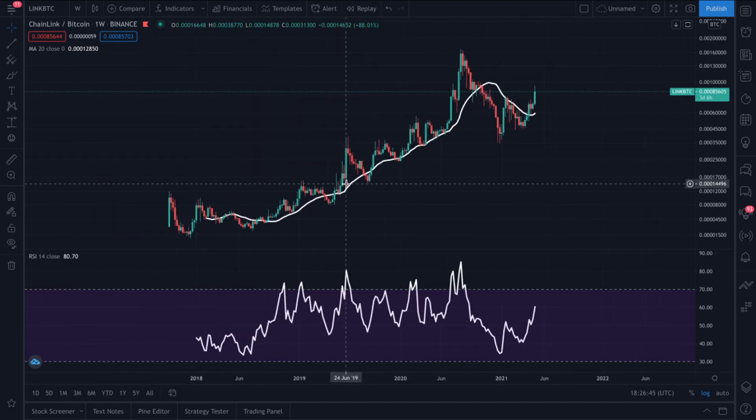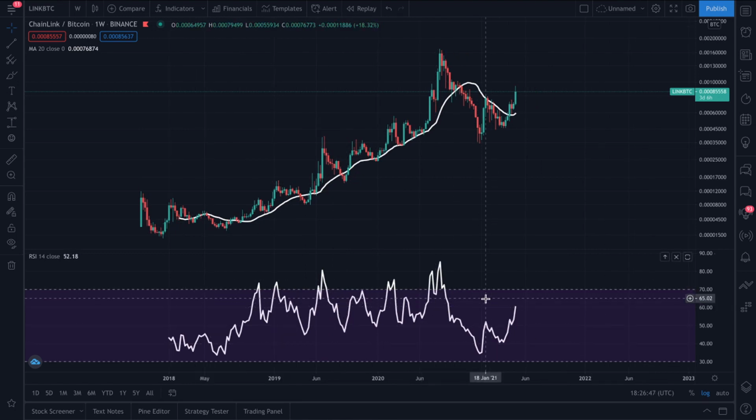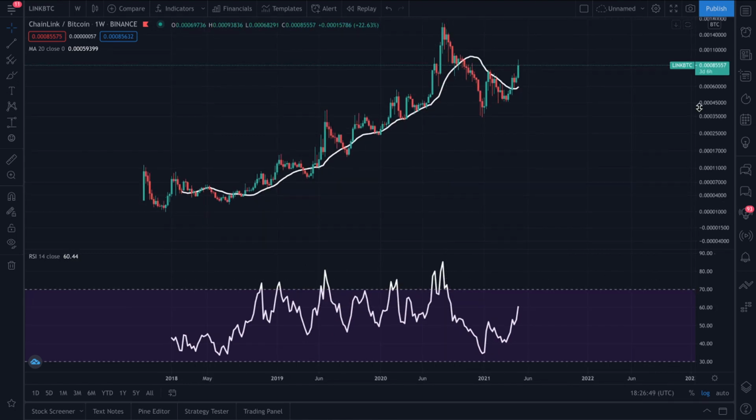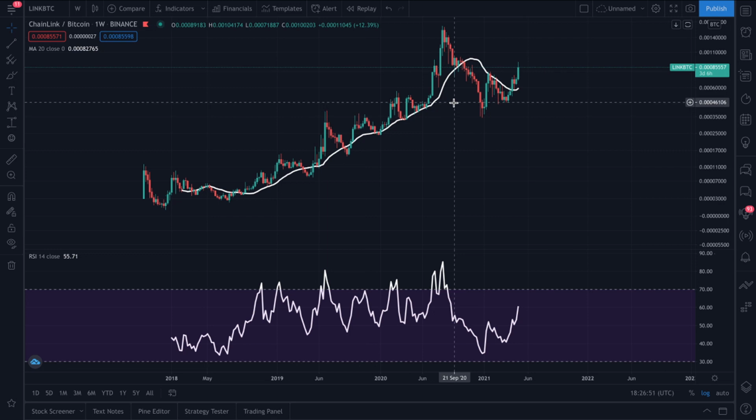I wanted to bring out the RSI on the weekly chart of Chainlink, so that every candle here is represented as a week, and just look at where we are in terms of overbought and oversold. With this bleed against Bitcoin, when Bitcoin was having its own run, the Chainlink valuation dropped pretty significantly.